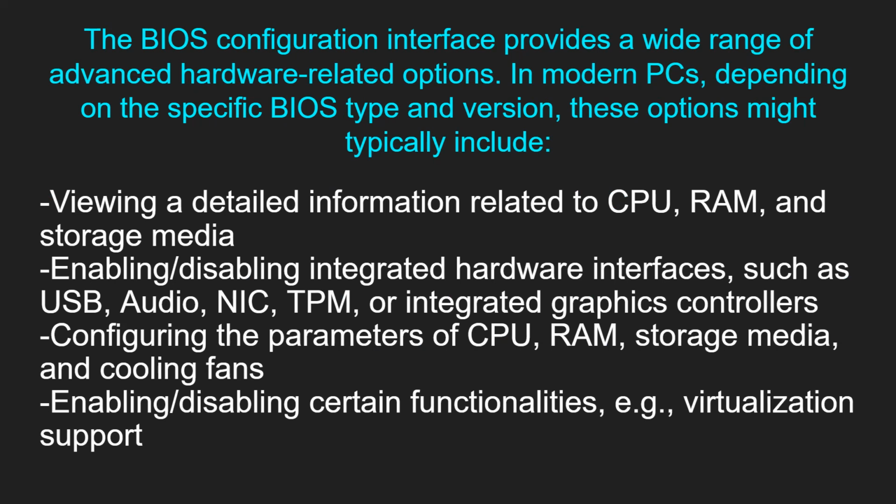In modern PCs, depending on the specific BIOS type and version, these options might typically include viewing detailed information related to CPU, RAM, and storage media, enabling or disabling integrated hardware interfaces such as USB, audio, NIC, TPM, or integrated graphic controllers, configuring the parameters of CPU, RAM, storage media, and cooling fans, and enabling or disabling certain functionalities like virtualization support.